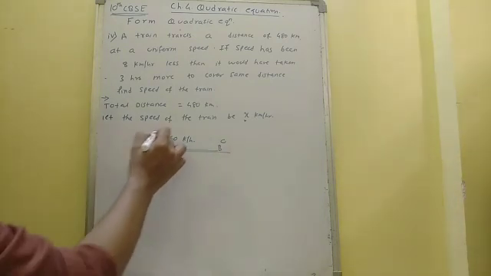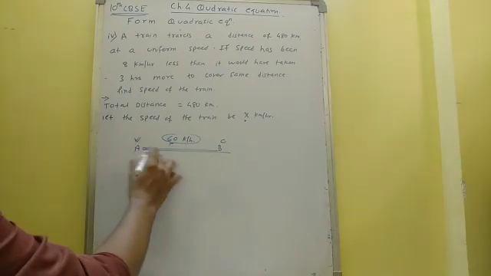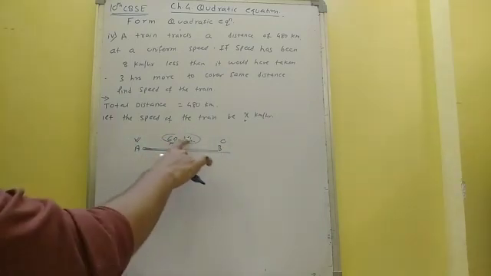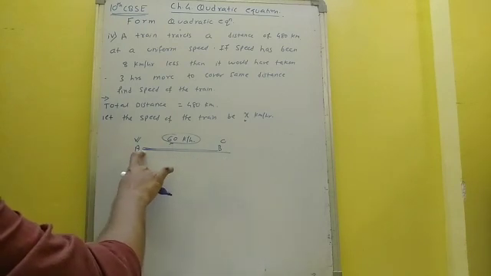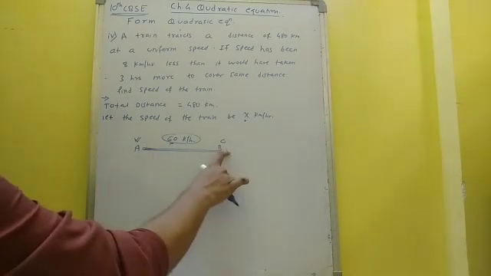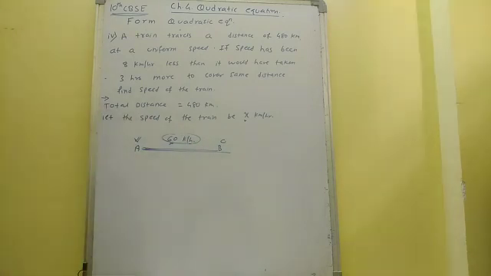Speed is 60 and distance is 60, so the train will surely reach from A to B, from Virar to Churchgate, in 1 hour.